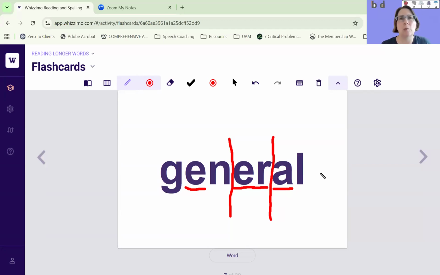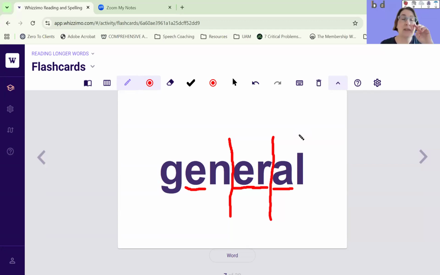I just figured out how to read it by dividing my 3-syllable word into 3 single syllables. And that is how we figure out how to read longer words. That's the process. Always start by finding the vowels and then divide the word between the vowels and use your knowledge of syllable types to help you figure it out. Okay?